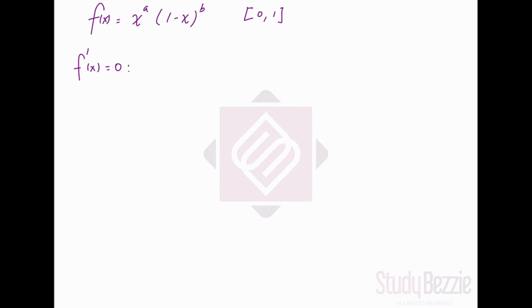Okay, that's our agenda. So if you want to do that, this is basically a product rule where you have to take derivatives of these two functions. So it'll be x to the power a derivative, keeping 1 minus x to the power of b as it is, plus x to the power a as it is, and then taking the derivative of 1 minus x to the power of b. That's the product rule, right? Any questions about that? I hope not.